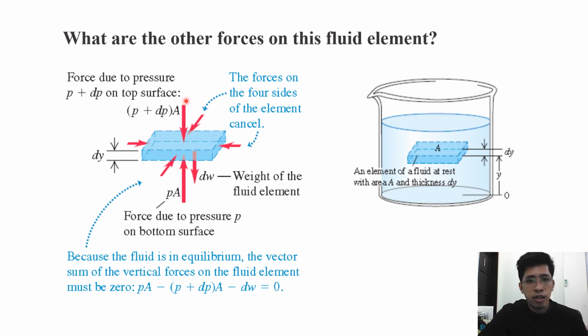On the top surface, since you are changing by some height dy, the pressure is equal to P plus dP. So at this point the pressure is again P plus dP, because you changed height by dy.